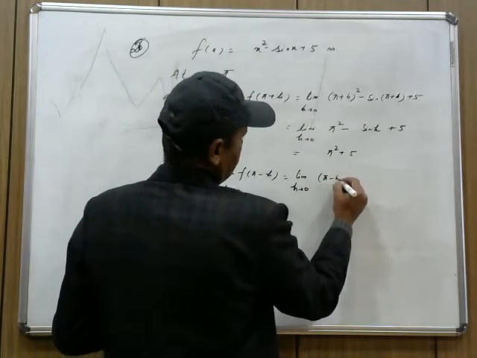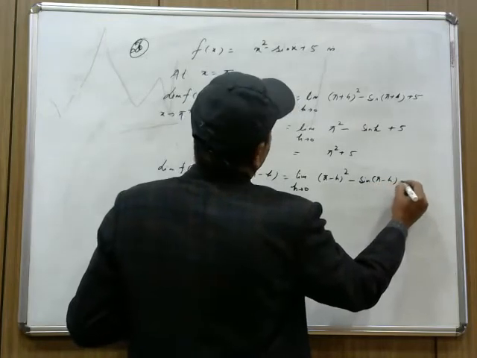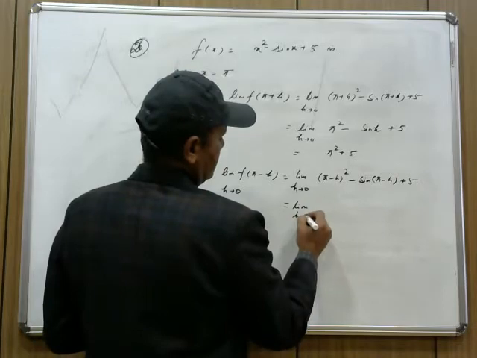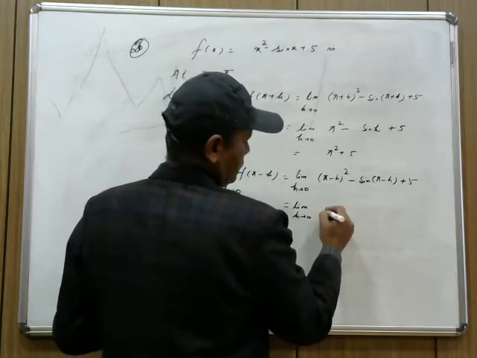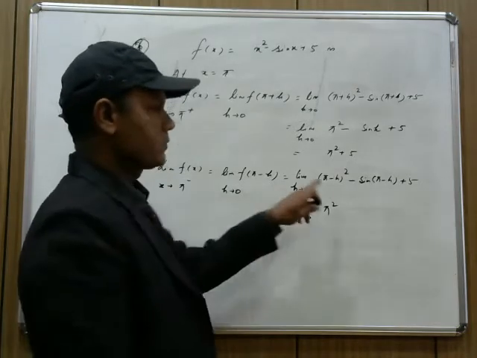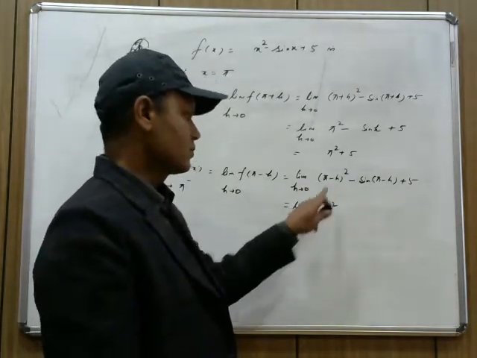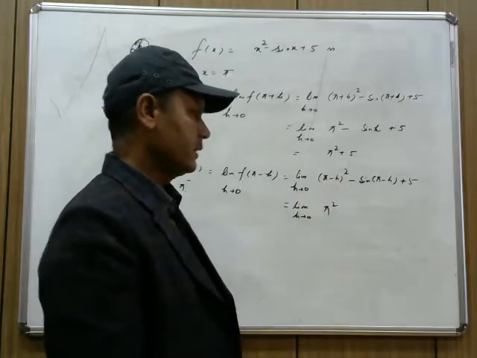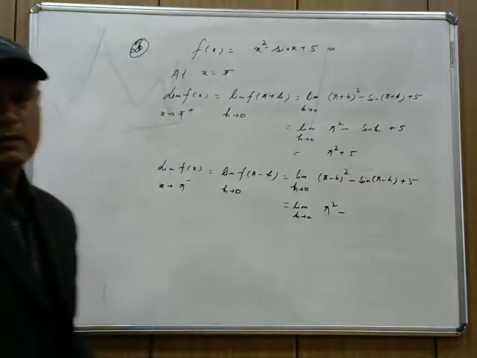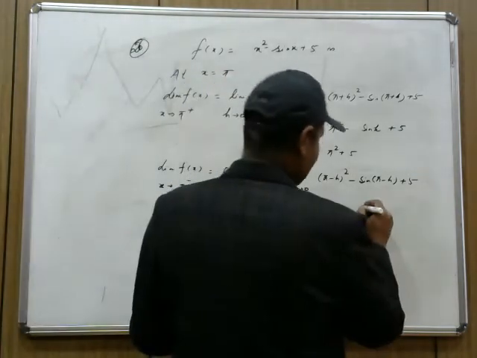Pi minus h whole square minus sine of pi minus h plus 5, and that is equal to limit h tends to 0 of pi minus h whole square. Can I write simply pi square? Right? Because the terms pi square plus h square minus 2 pi h, the terms will have h, and therefore as h tends to 0, they become 0. Simply pi square is alright. Now here minus sine of pi minus h. Sine of pi minus h will also be how much? Sine h only.